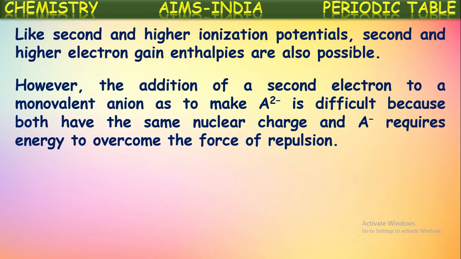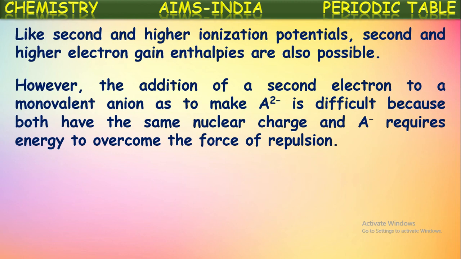So just like the ionization potential, electron affinity also exists in different stages: first electron affinity, second electron affinity, third, fourth, and so on. But for the acceptance of the second, third and higher electrons, a certain amount of energy is required by that atom. Why? Because nuclear charge is maintained the same.